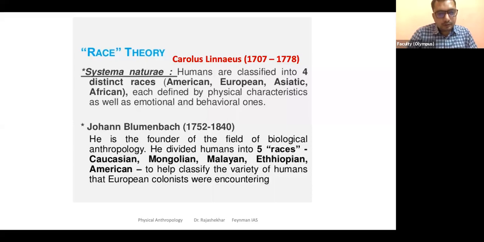Similarly, Johann Blumenbach, depending on how you say it, the pronunciation varies quite a bit. He is considered to be the founder of biological anthropology. Between the 18th and 19th century, he contributed quite a bit to the biological or physical anthropology field.